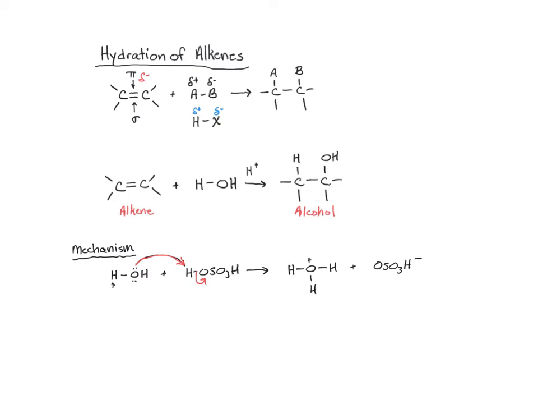Okay, but now there's considerably more positive charge on the hydronium ion, which is going to pull electrons away from that H, which means the H will be much more positively charged. Okay, so then now that we have hydronium present, the alkene can undergo reaction.